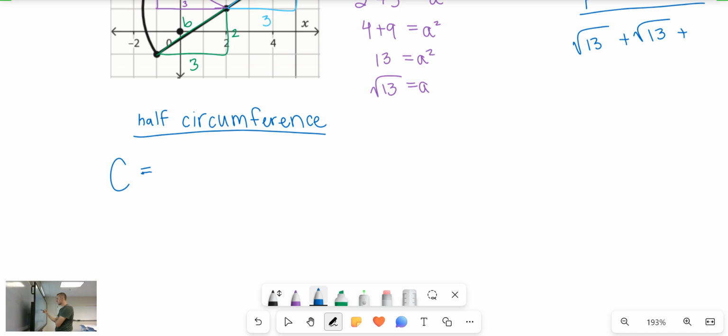Normally a circumference equals 2 pi r. So a half circumference, or c divided by 2, equals just pi r.